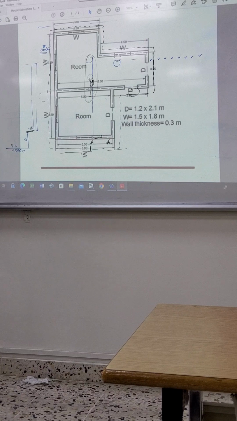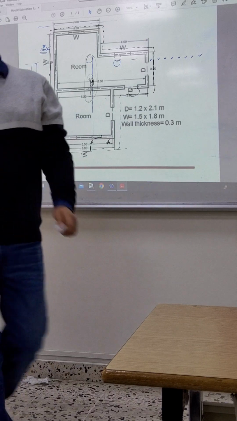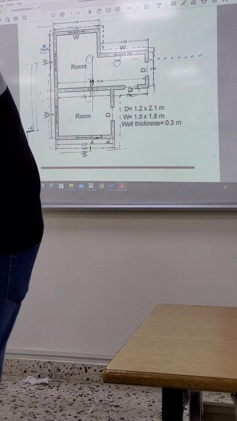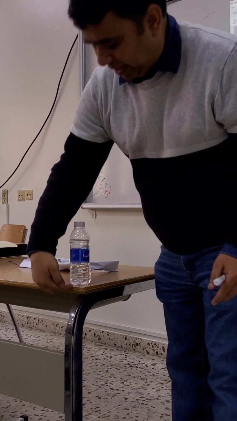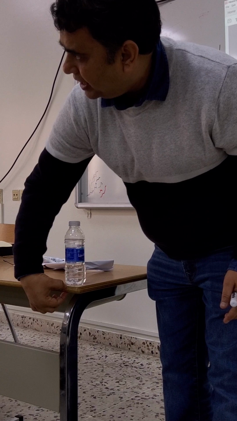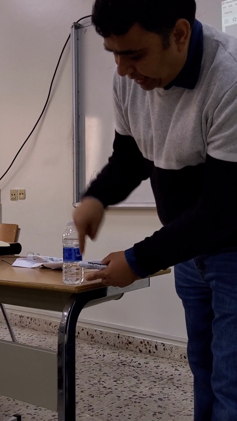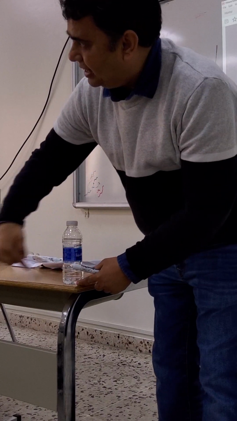If you see your plinth from the top, suppose this is your wall, this is your plinth going down, this is 0.3. So this means you are calculating the 38 along this line.